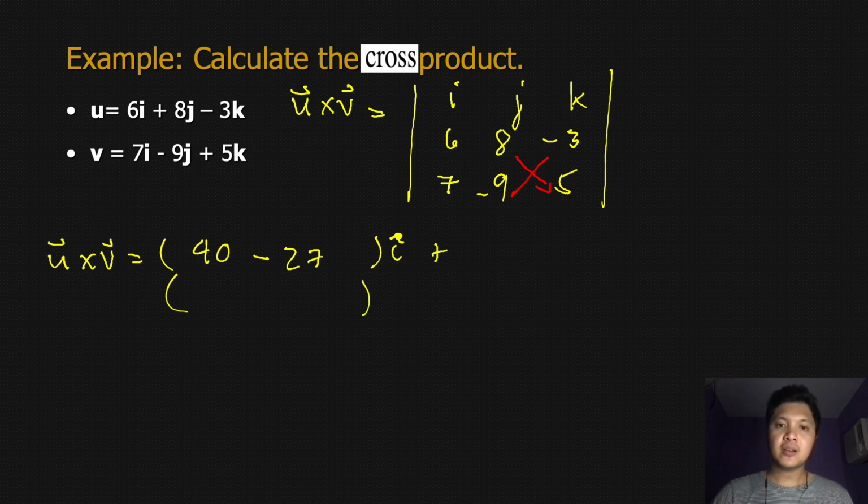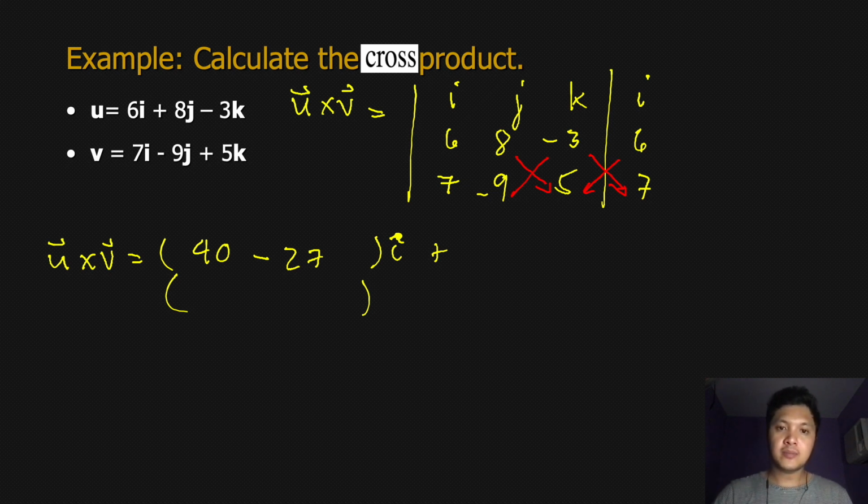So again, we disregard this, and to make it easier, I'll write 6 and 7 here. Negative 3 times 7 is negative 21, minus 5 times 6, which is 30.